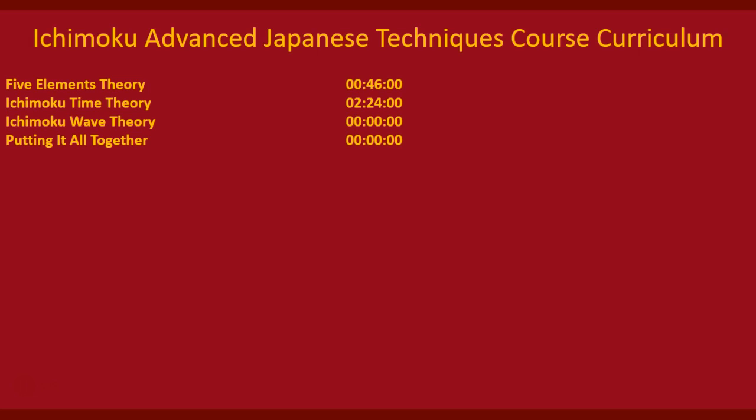Then I still haven't totally put together the Ichimoku wave theory. You're going to really love that because Ichimoku runs much like Elliott wave analysis, but it's a little bit different, a little bit easier if you ask me. You'll be able to learn wave counts and understand waves with Ichimoku, and also the price theory. Ichimoku is much like Gann because their beliefs were pretty much the same.